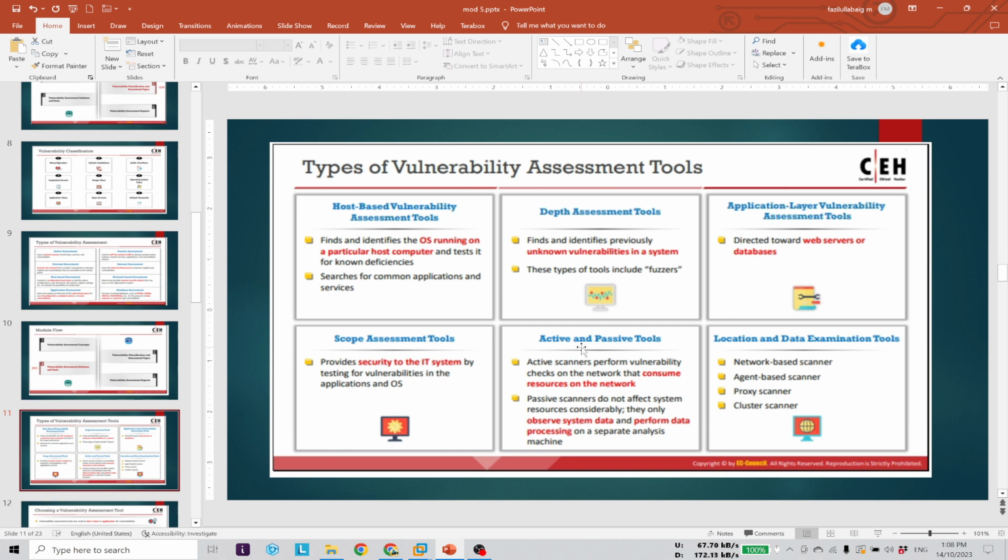Active and passive tools. Active scanners perform vulnerability checks on the network that consume resources on the network. This line is saying that it consumes resources on the network. We will understand this with the help of passive scanners.